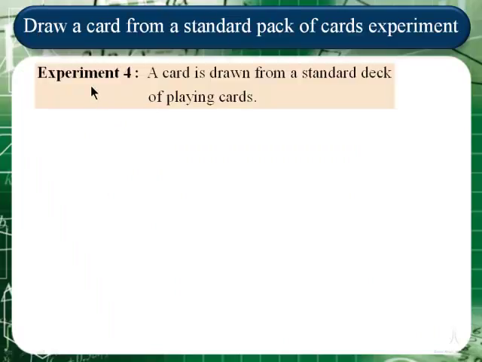Next, we consider drawing a card from a standard pack of cards in an experiment. So in experiment 4, a card is drawn from a standard deck of playing cards.